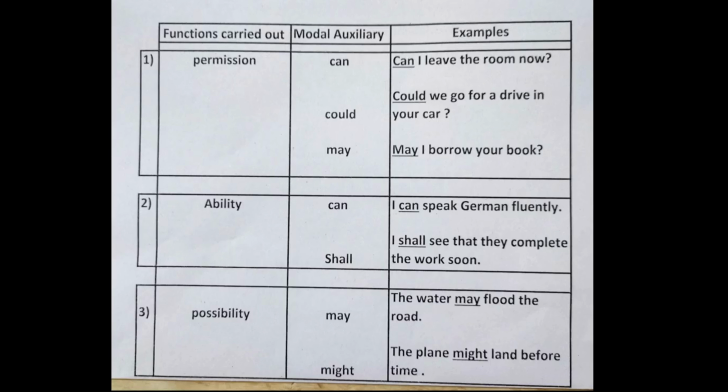Friends, in our day-to-day life, many a times, through our speech, we have to express different feelings. For example, sometimes we are asking for permission. Sometimes we want to show that we can do it, our ability. Sometimes we can refer to the possibility. Sometimes we are giving advice to our near and dear ones.